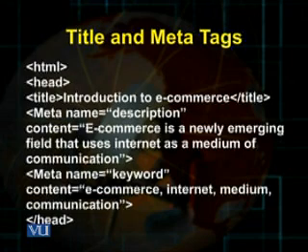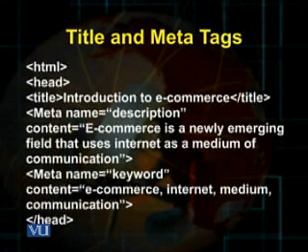Then another attribute, content. And as its value, I have picked up a sentence which explains the main theme of my website. That sentence is, e-commerce is a newly emerging field that uses internet as a medium of communication.